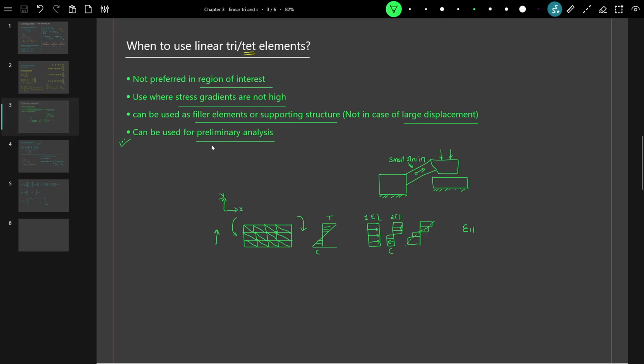So for preliminary analysis, I would generally start with linear tri and tet elements, and then for the next set of analyses, I will change the element type to some different element types.